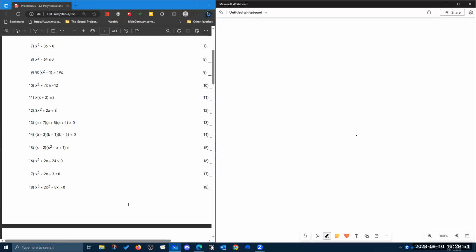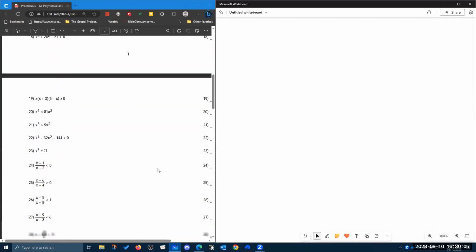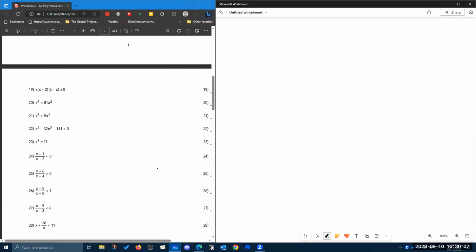Let's go ahead and look at one where we have a polynomial that we need to factor. Like so.